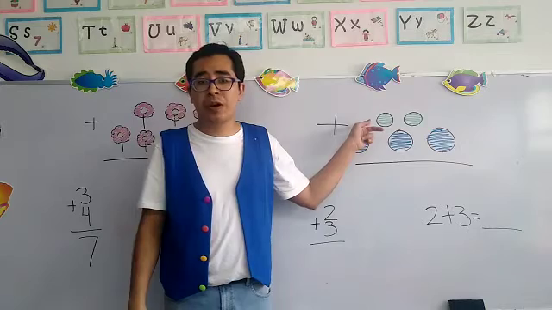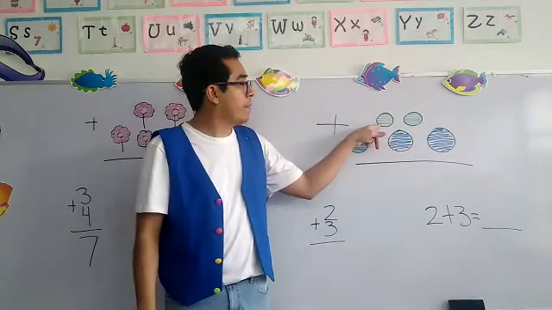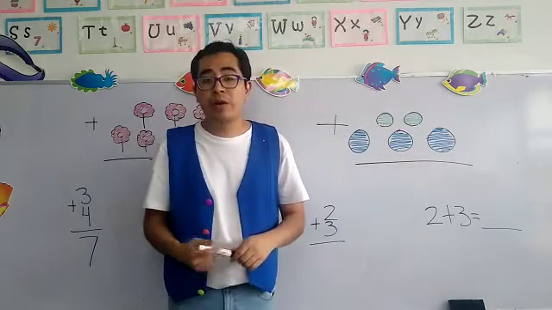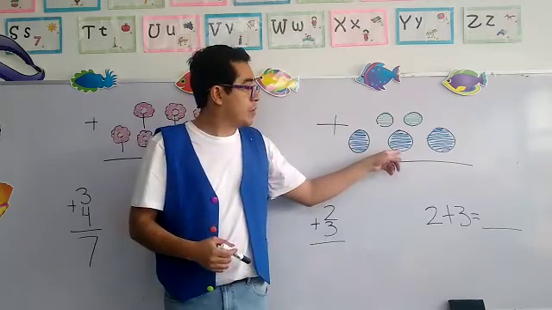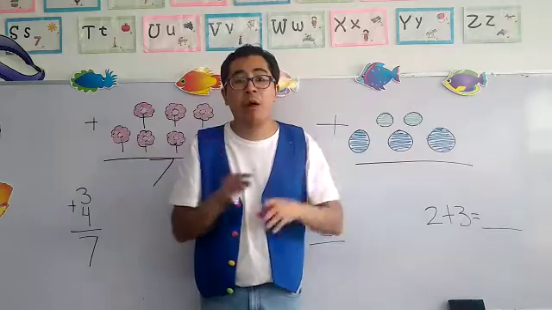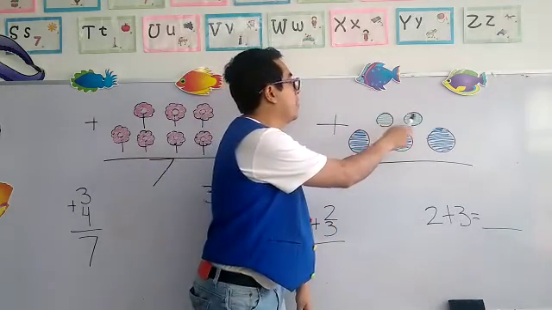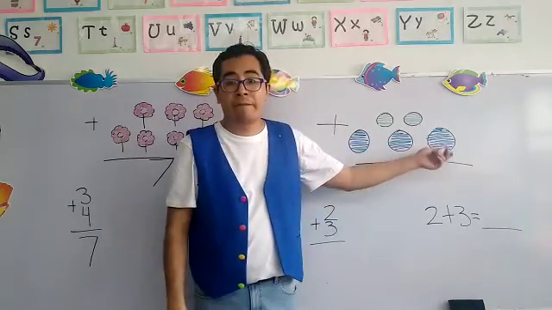The circles that are in color green, how many are they? Let's see. 1 and 2. Okay? Now the circles that are in color blue, how many are they? 1, 2, and 3. Now what happens if we count them all? Let's see to find the result. 1, 2, 3, 4, and 5.